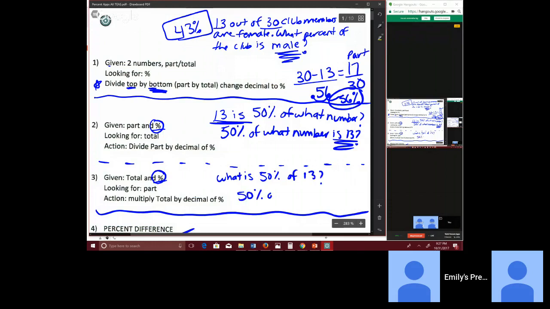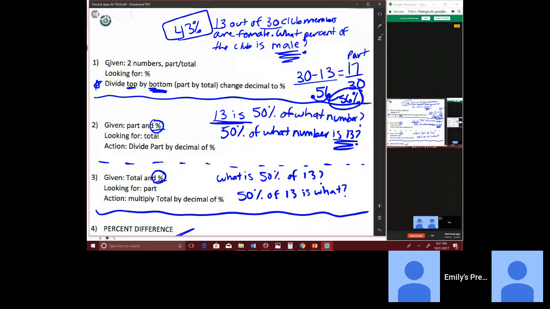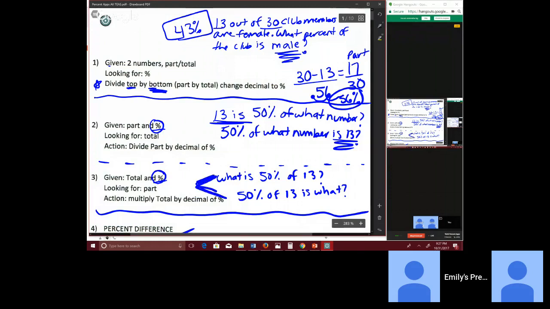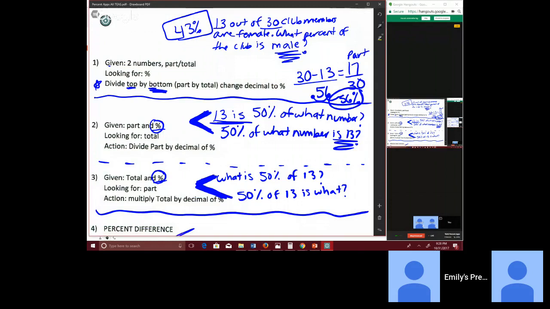Or it would say 50% of 13 is what? So it's the same numbers, and the percent sign is still with the 50. These are asking you 50% of 13. These are asking you what 13 is 50% of. So they are exactly the opposite. You're reliant on understanding the story to figure out the answer.